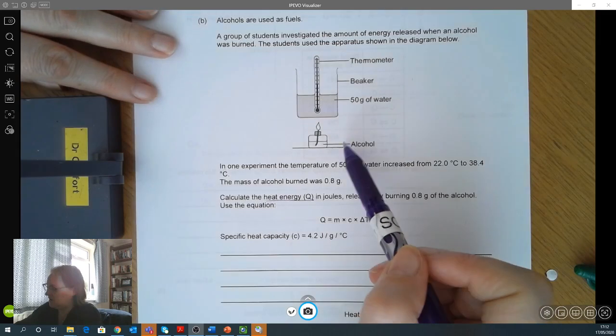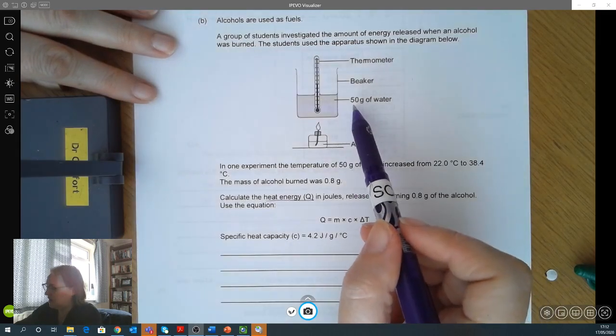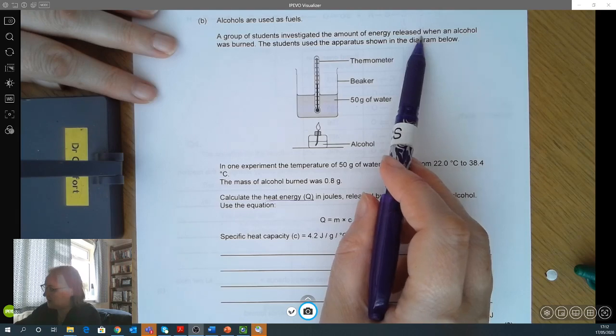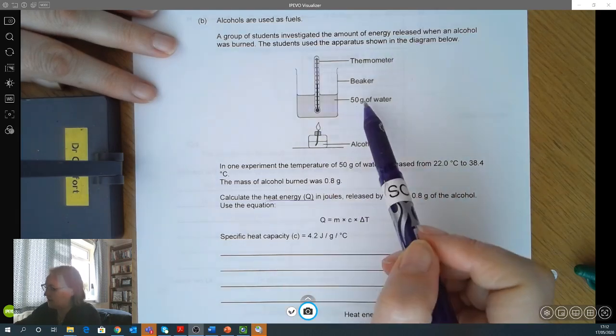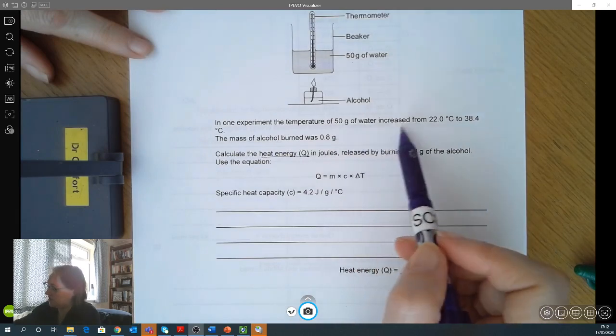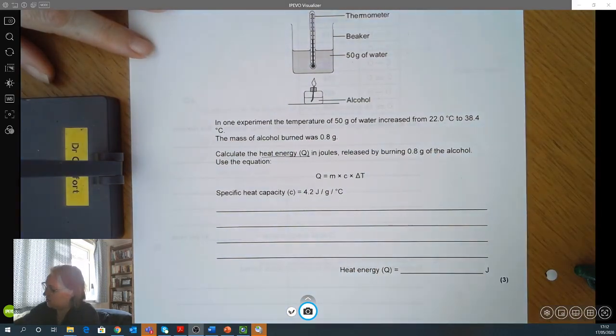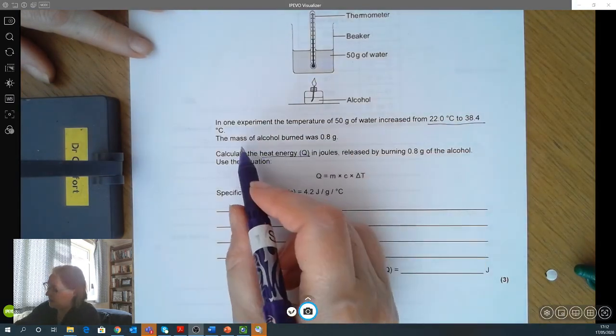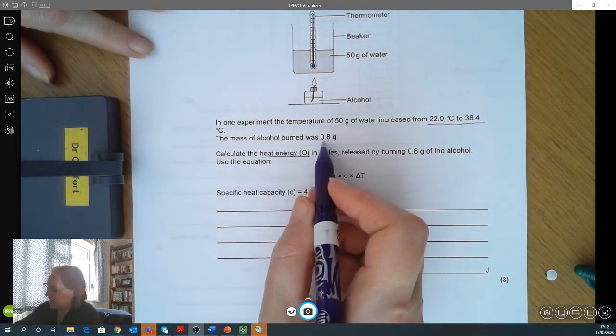So I'm using some alcohol to heat some water, and it's investigating the energy released when the alcohol burns, and the temperature of the water has gone from 22 to 38.4. The mass of alcohol burned was 0.8.